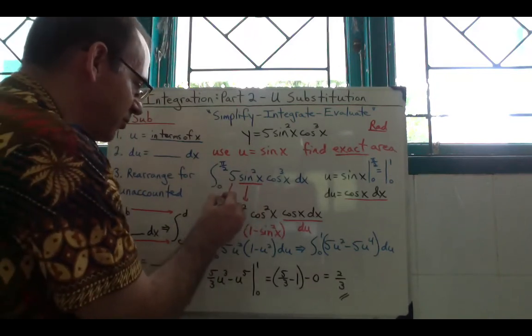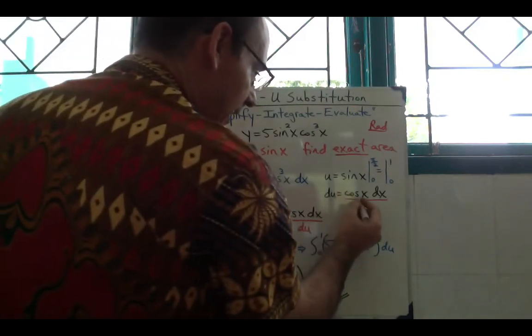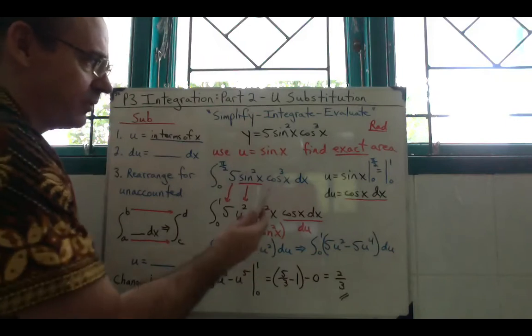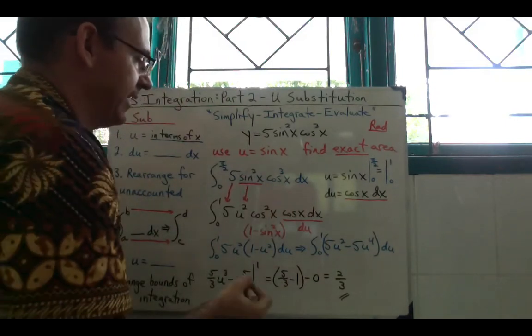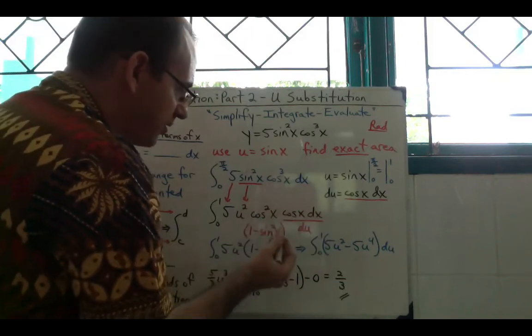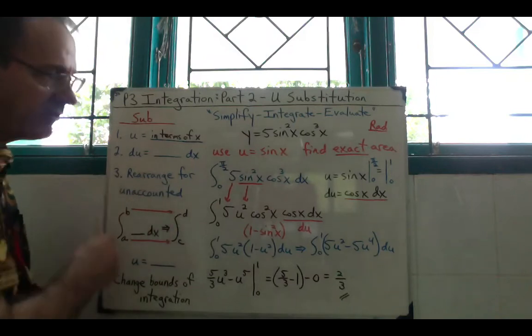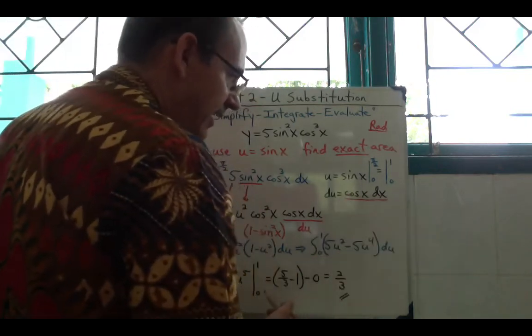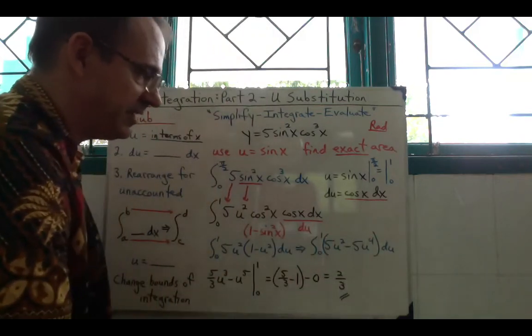The 5 has no problem; there's no substitution for that. And we need a cosine x dx. Here we have 3 factors of cosine x. So we take out one of those, which leaves us with a cosine squared that is unaccounted for. The cosine x dx becomes the du.